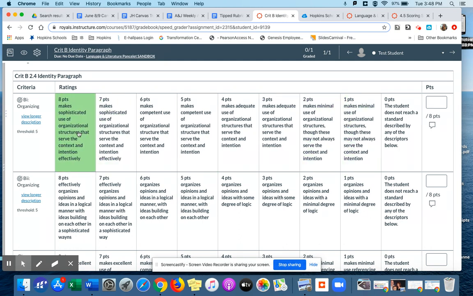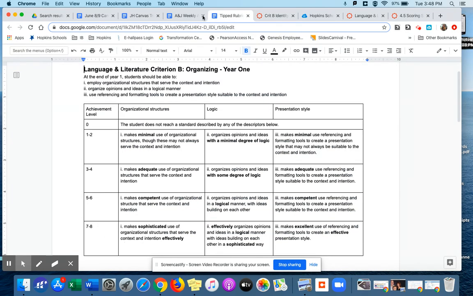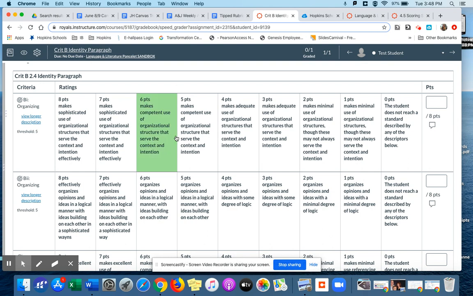Now, you'll notice that both the 7 and the 8 have the same wordage, the same words that the 7 and 8 strand would have down in our regular rubric. However, you are able to either click 7 or 8 instead of having to circle it. So that's one of the big differences.